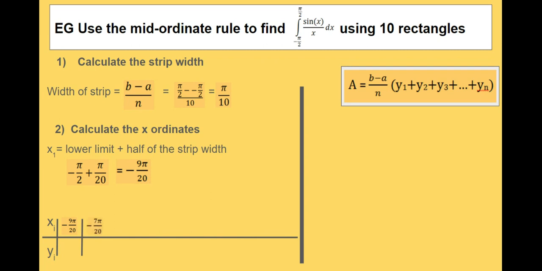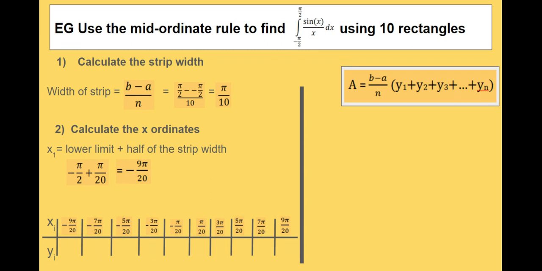Add on 2 pi by 20, minus 5 pi by 20, and so on. We're doing 10 rectangles, 10 strips, so we're going to have 10 mid-ordinates. And we know we're finished when we get very close to our upper limit of pi by 2.